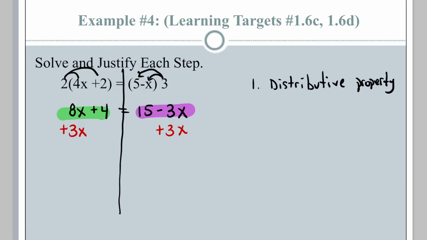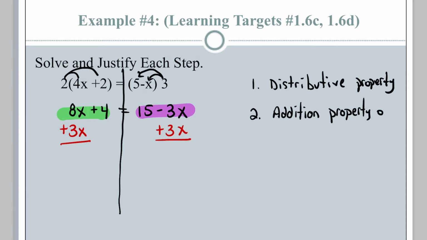Notice that I wrote it directly underneath the minus 3x or negative 3x, and I wrote it also on the left side directly under the positive 8x. I'm keeping my like terms grouped together. When I do that, in step 2, I'm using the addition property.